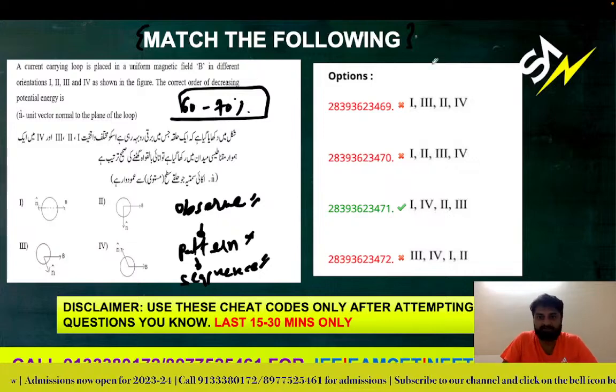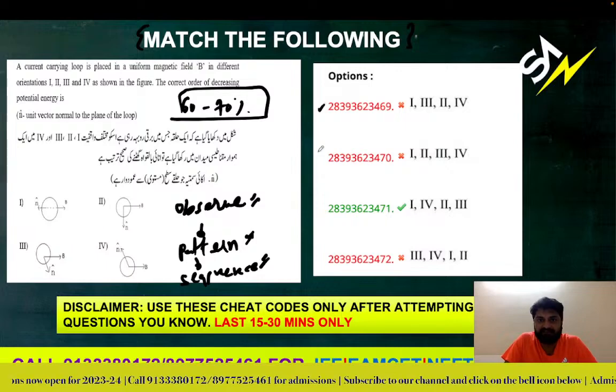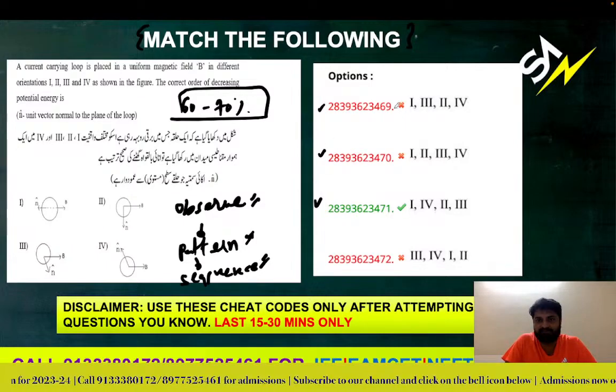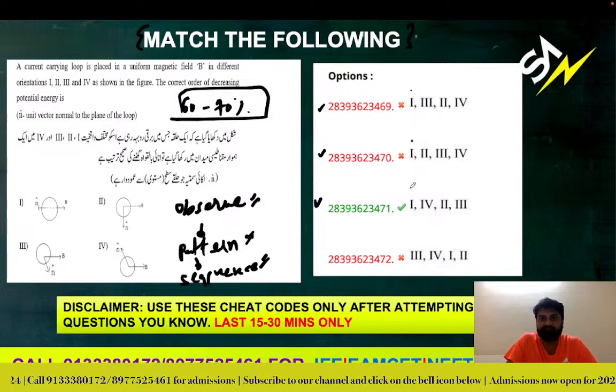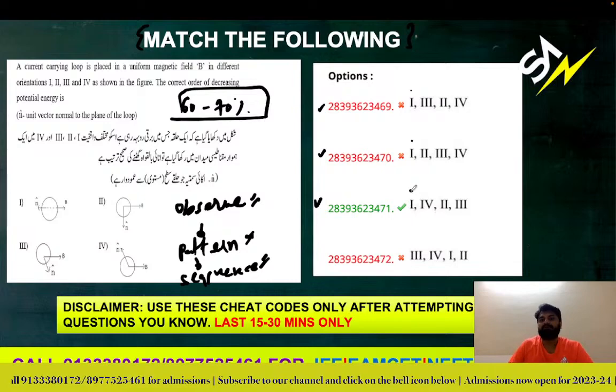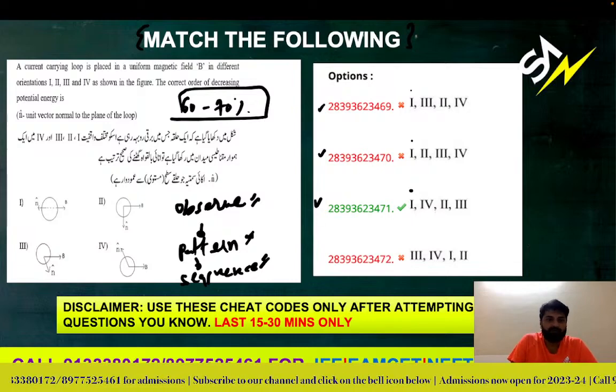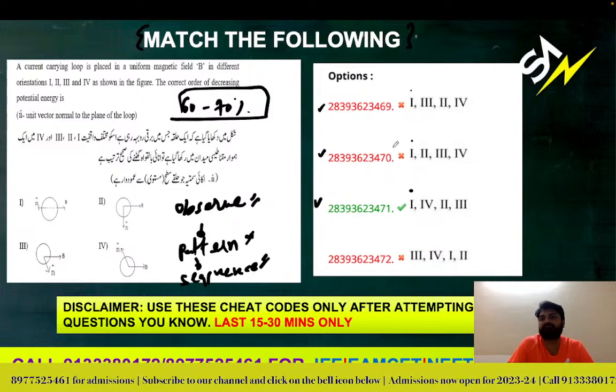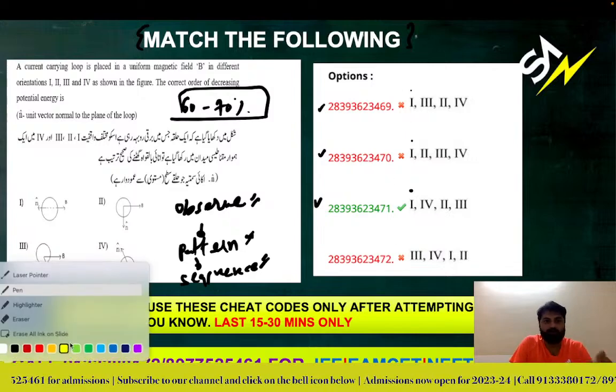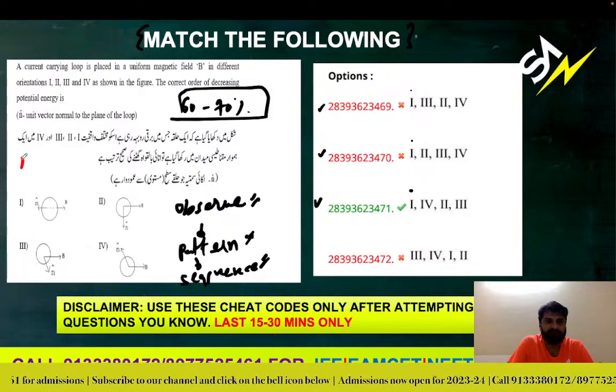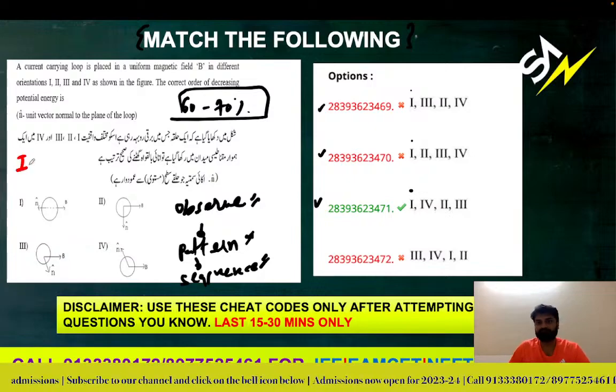Now look at all the options. In these options, three options say number 1 is the first one. So in 4 options, 3 options have number 1. So what you do is keep the first one as number 1.